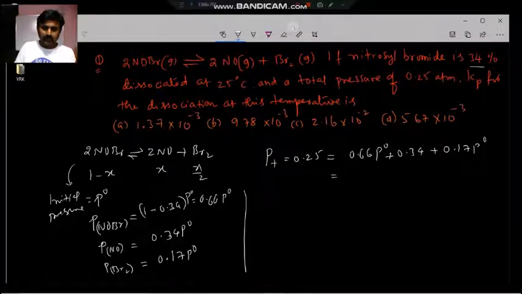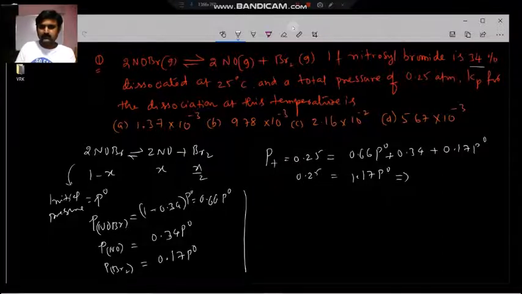Upon simplification the entire total is 1.17 P naught. So 0.25 equals 1.17 P naught.